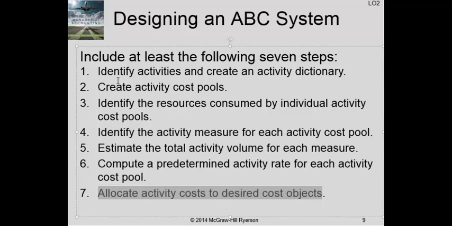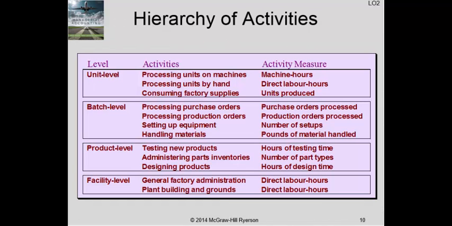So as I said before, the art here is in figuring out what are the appropriate cost pools and the activities that we will use to measure and allocate from those cost pools.